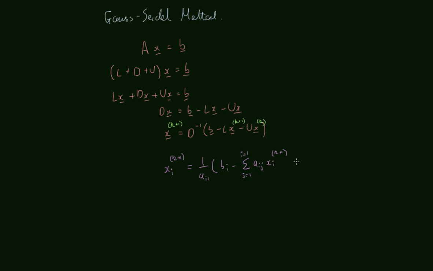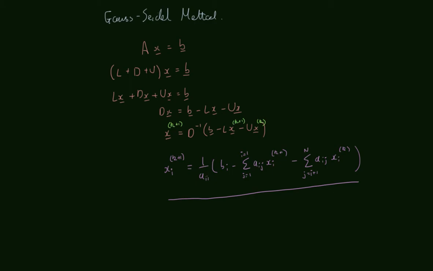The minus Ux I also replace with a summation, from j equals i plus 1 to n, where n is the number of equations. We have the upper triangular elements multiplied by those values of x which I've yet to calculate in this iteration. This is our Gauss-Seidel method for solving a linear system.